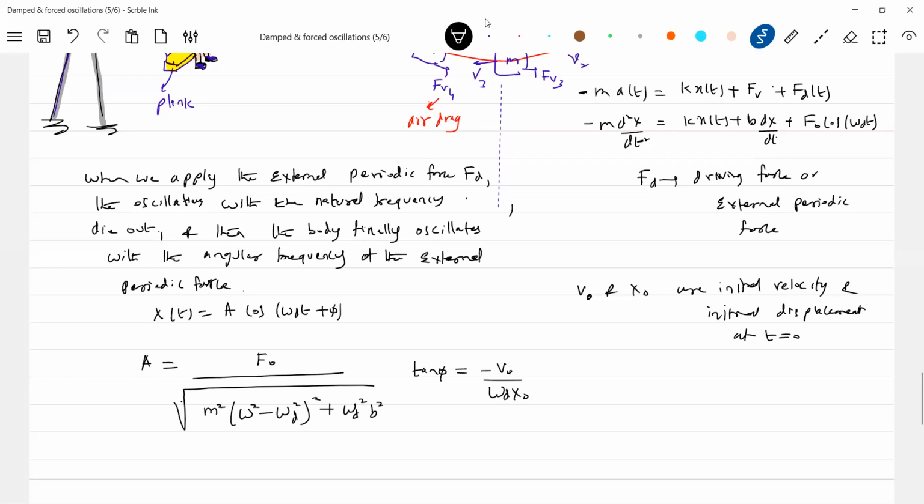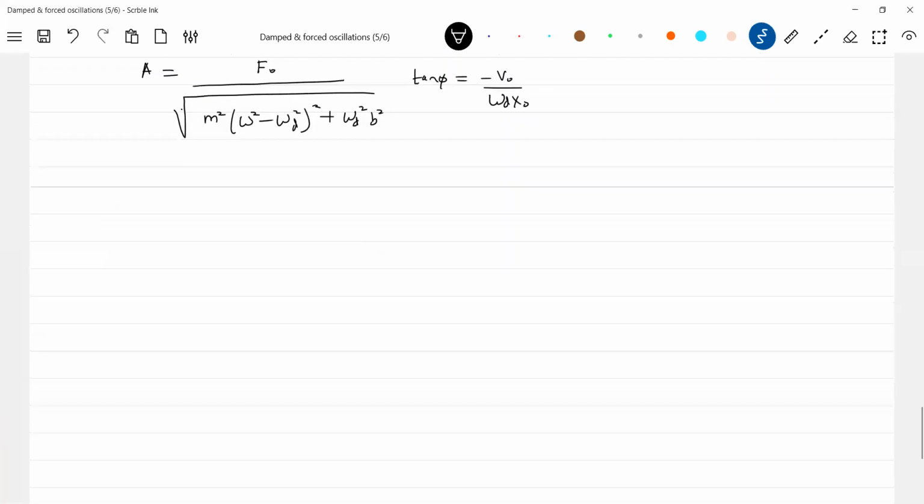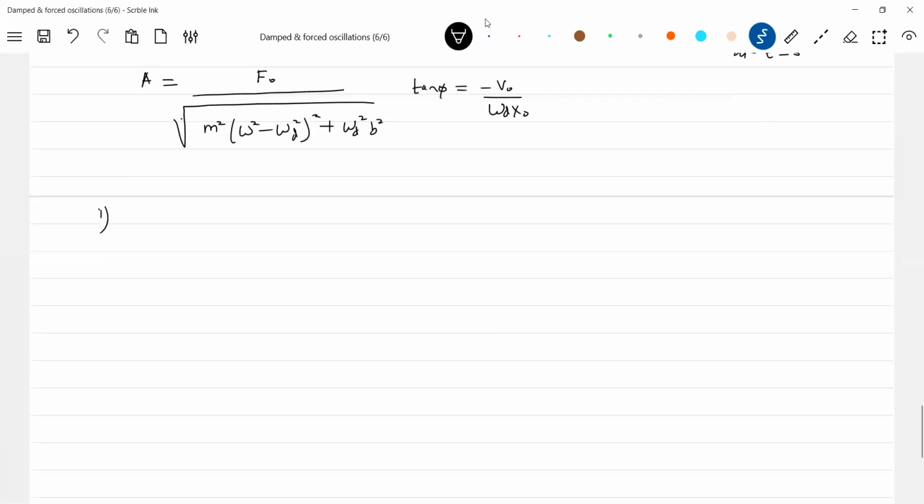The first case we'll discuss is small damping, with the driving frequency far from the natural frequency.